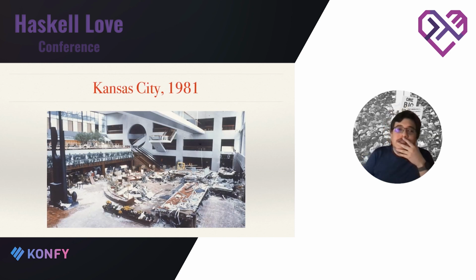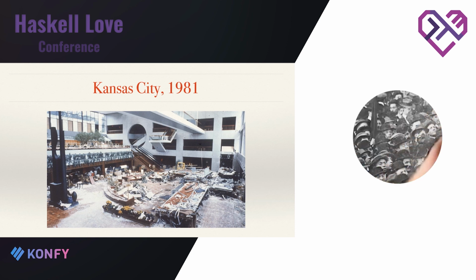Here we go. Here's a slide that is common in a lot of engineering courses, not software engineering, but is not too common, I think, and not overused in our neck of the woods. This is the Hyatt Regency Skyway collapse in 1981, Kansas City.